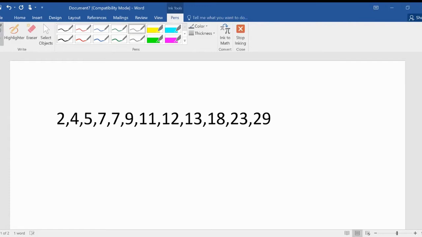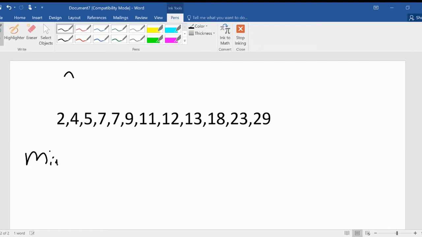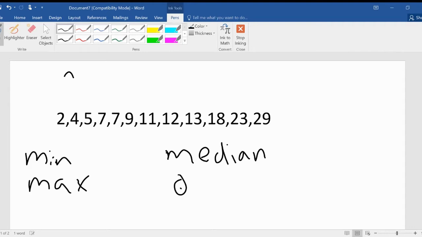To do a box and whisker plot, we need the five number summary: the minimum, the maximum, the median, Q1, and Q3. The min and the max are the two easiest. That's just the lowest number and the highest number.